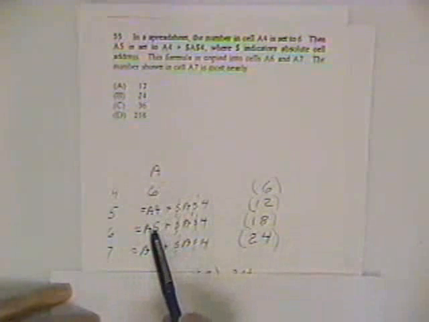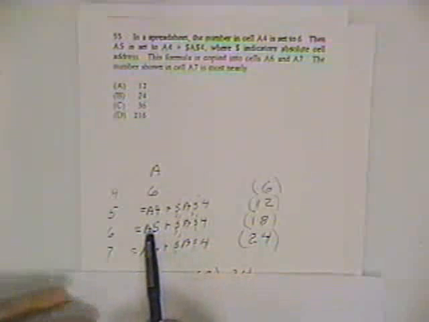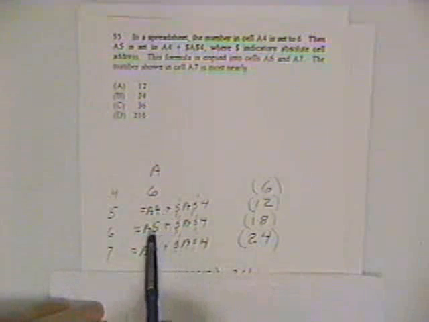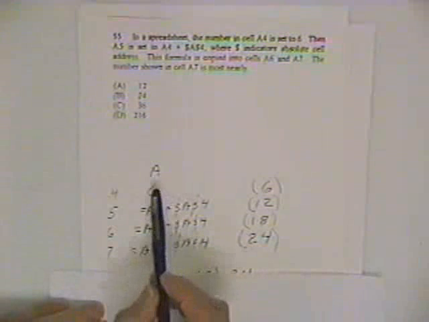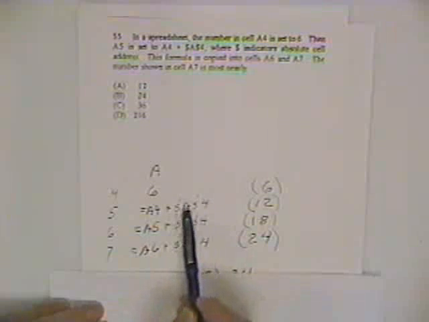So when it is copied into the cell below it, the value is copied in a relative manner. It still refers to the cell that's directly above it. So it doesn't refer to A4, now it refers to A5, which is the cell directly above A4. But the absolute address is copied absolutely.